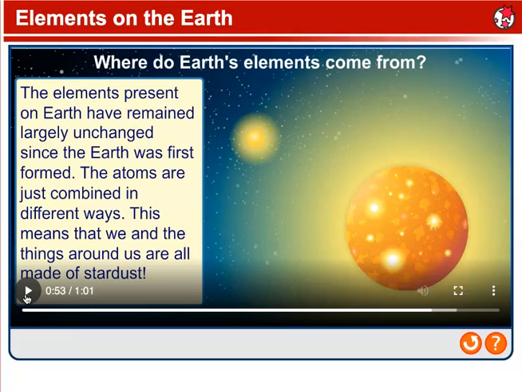The elements present on Earth have remained largely unchanged since the Earth was first formed. The atoms are just combined in different ways. This means that we and the things around us are all made of stardust.